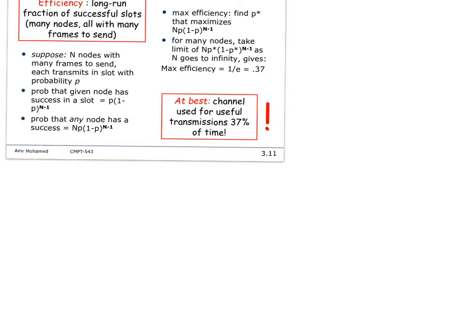So what is the probability that any node sends successfully? It equals the probability that this node will send on this time slot, which is P. And all the other nodes will not send on this particular time slot.